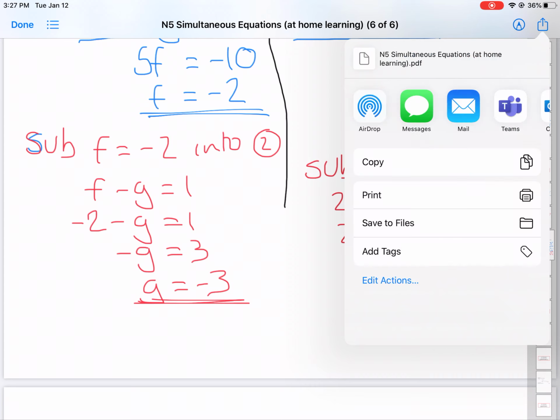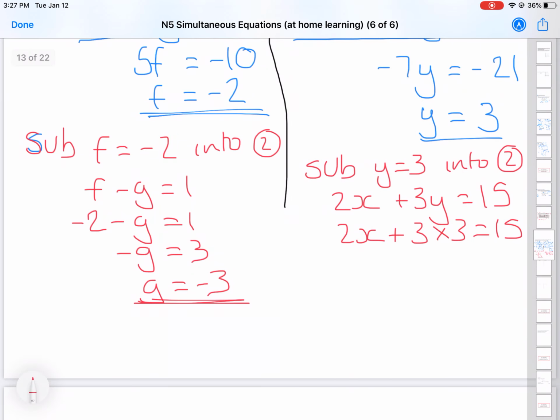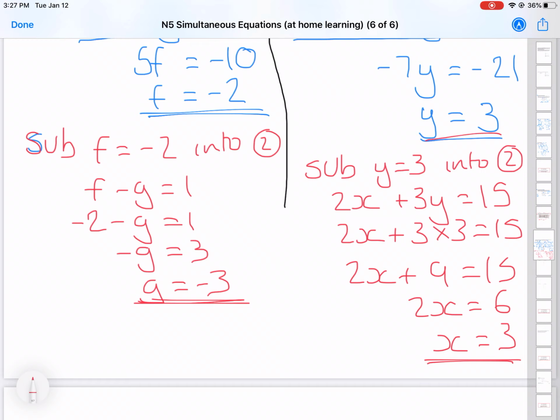And just the last couple of lines to finish this off. We have got 2x plus 9 equals 15. 2x is equal to 15 take away 9, so 6, and x equals 3. So y equals 3 and x equals 3 are our two answers for this one here.